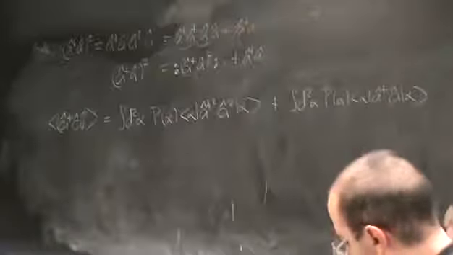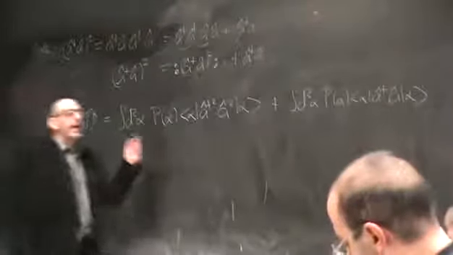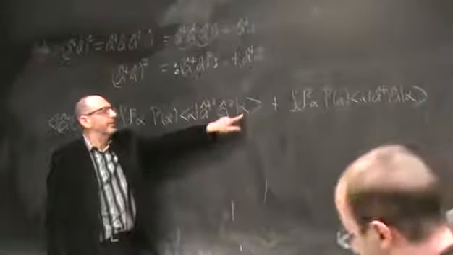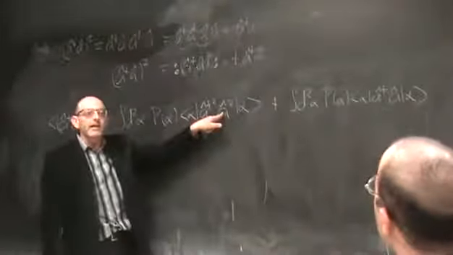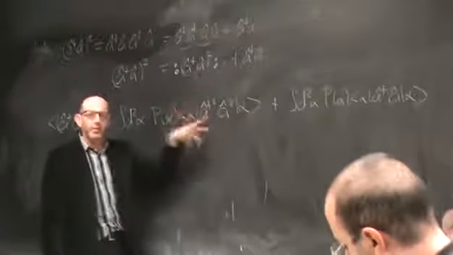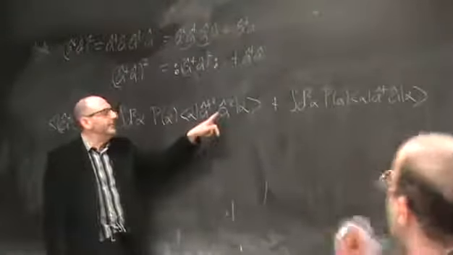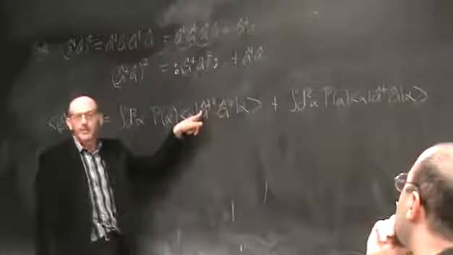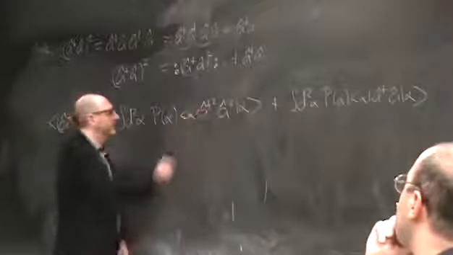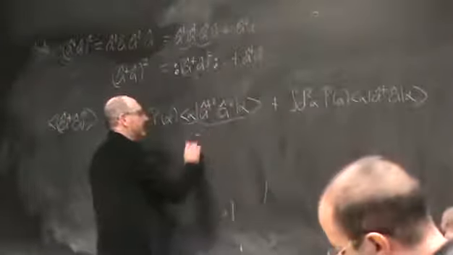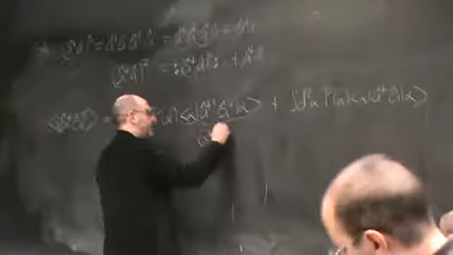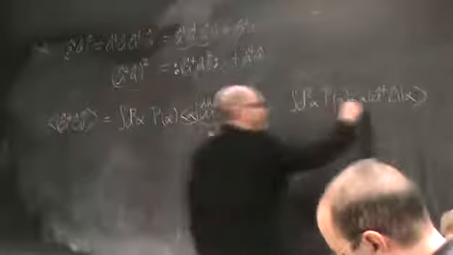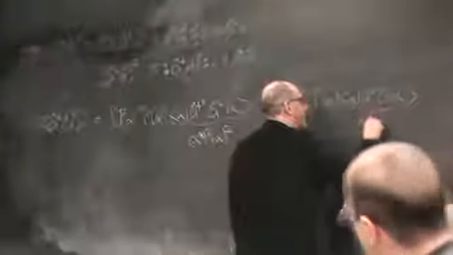And the point of normally ordering is that because the coherent state alpha is an eigenvector of A, when we've written this in the normally ordered form, we can replace all the annihilation operators with alpha and all the creation operators with alpha star. So this is equal to alpha star squared times alpha squared. And similarly, over here, this is alpha star alpha.